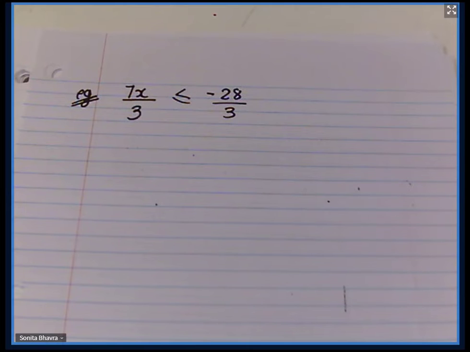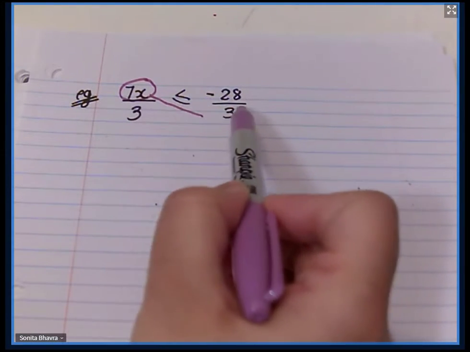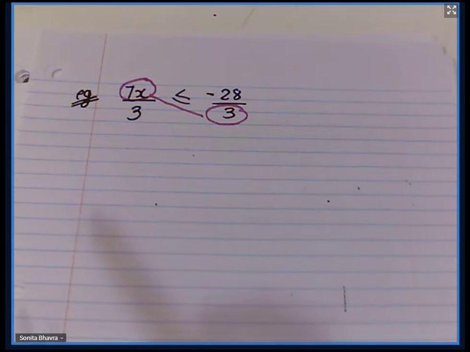So our next example is a ratio type inequality. So in this question, we have to take our top left, multiply it with bottom right, and you have to place that on the left-hand side of the equation. So 7x times 3, that gives me 21x.